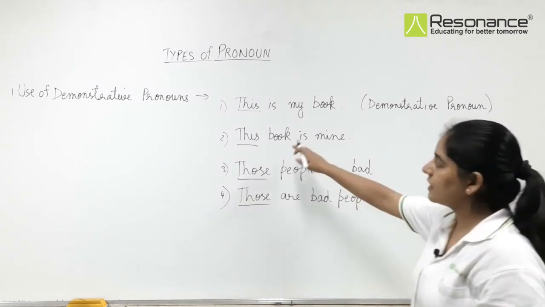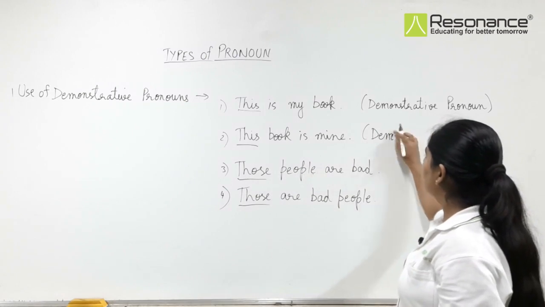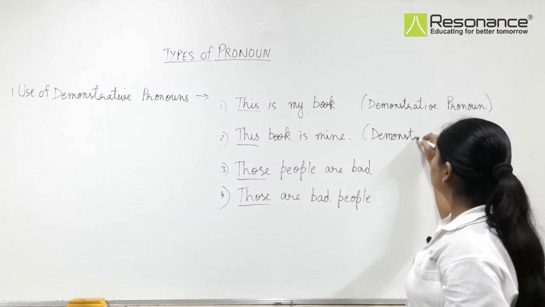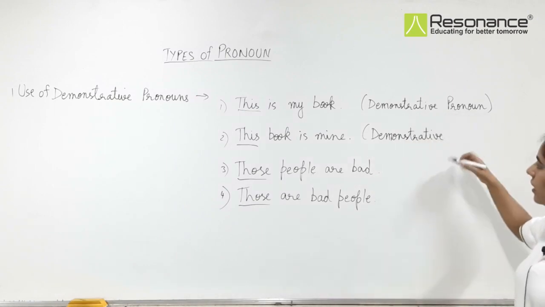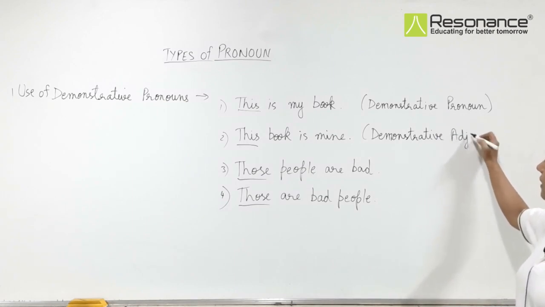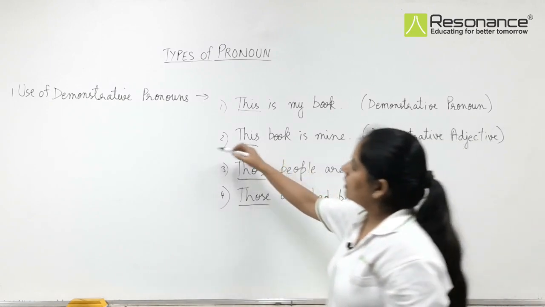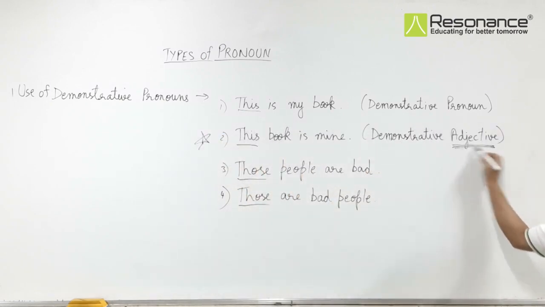But in second sentence, this book is mine, this is a demonstrative pronoun? No, here it is demonstrative adjective. Okay, this is very important. This one here, this is demonstrative adjective.